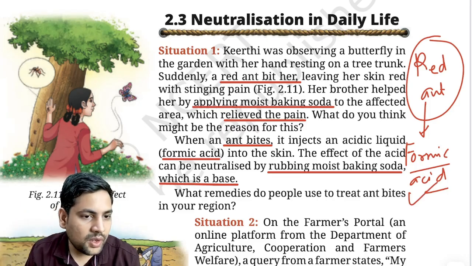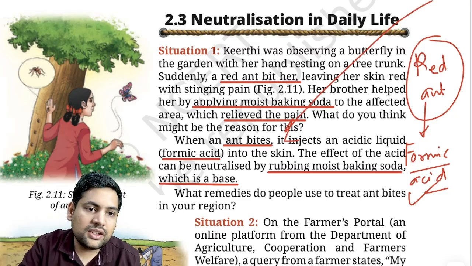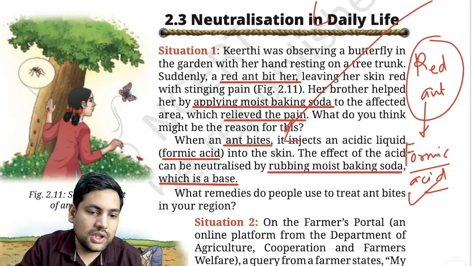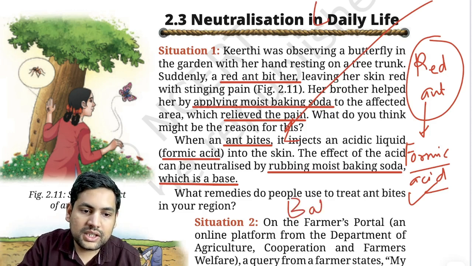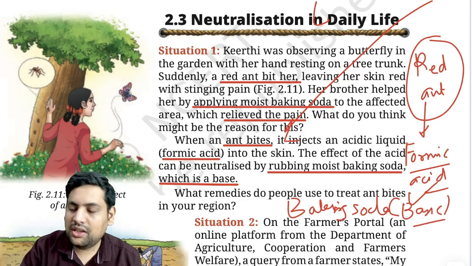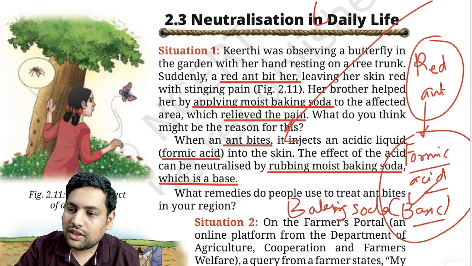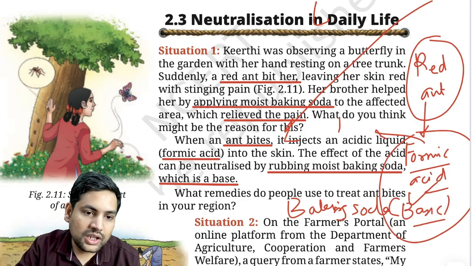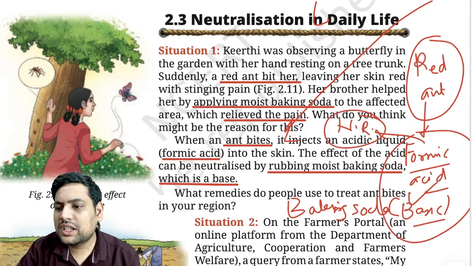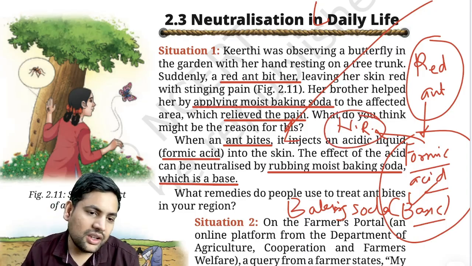Now once formic acid is released, what you have to do is add moist baking soda to it. What is baking soda? Baking soda is basic in nature, correct? Baking soda is basic, this is acidic. What will happen? Neutralization reaction, and when it neutralizes, what will you start feeling? You will start feeling much better. Simple.